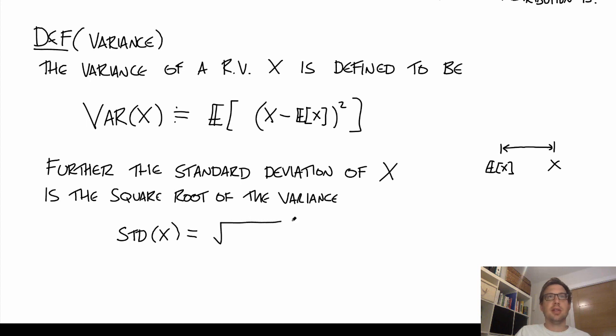It's really just taking the square root of this variance. Now what's that doing? Well, we're looking at the average of all of these distances, in squares. Then we need to convert it back, so the units aren't in terms of squares, and we take a square root.